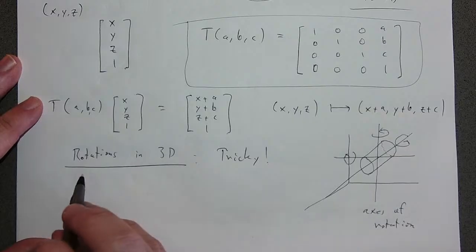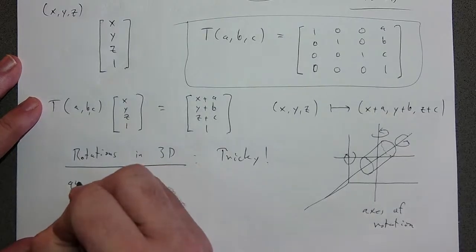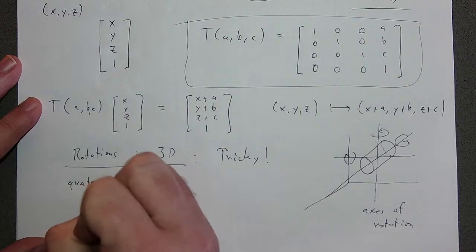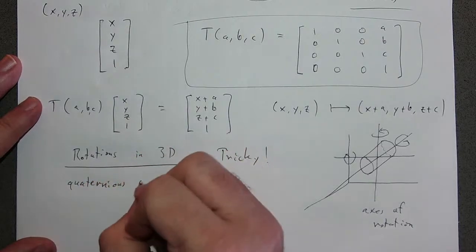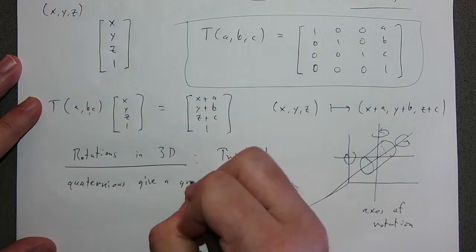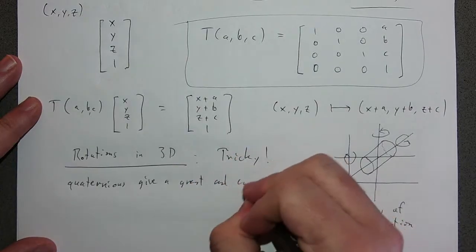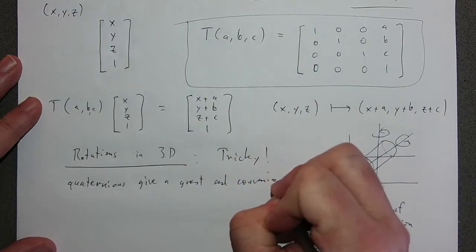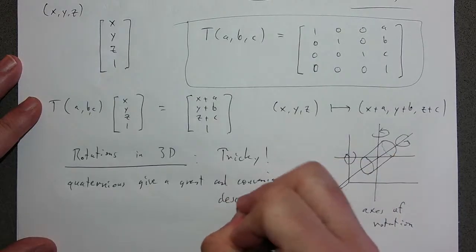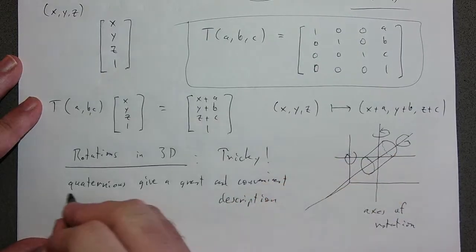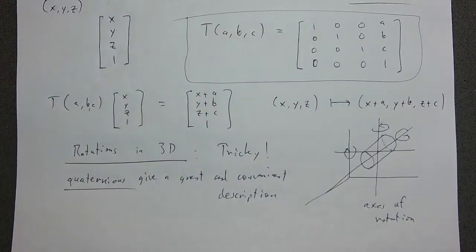Probably the most convenient way of describing these involves the quaternions. We're not going to do this. But if you are interested in looking up what the quaternions are, constructed by Hamilton, I believe, what was thought of at the time as a sort of pathological example for a particular type of what I'll call an algebra.